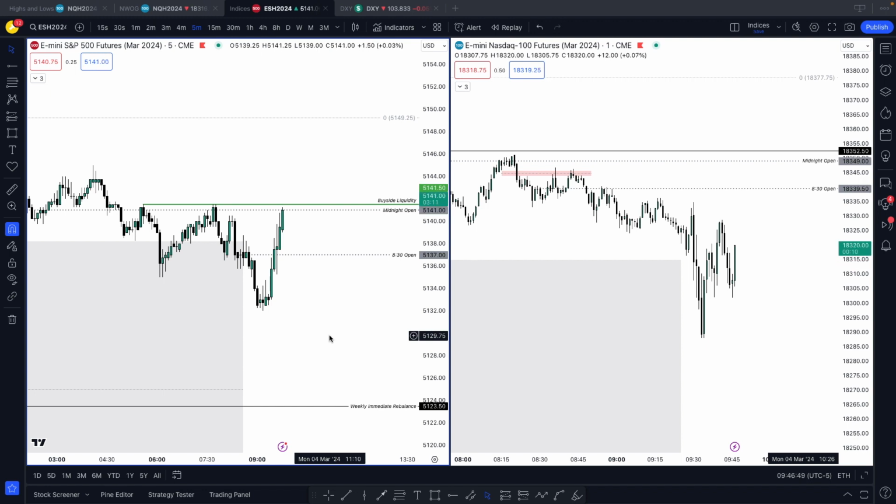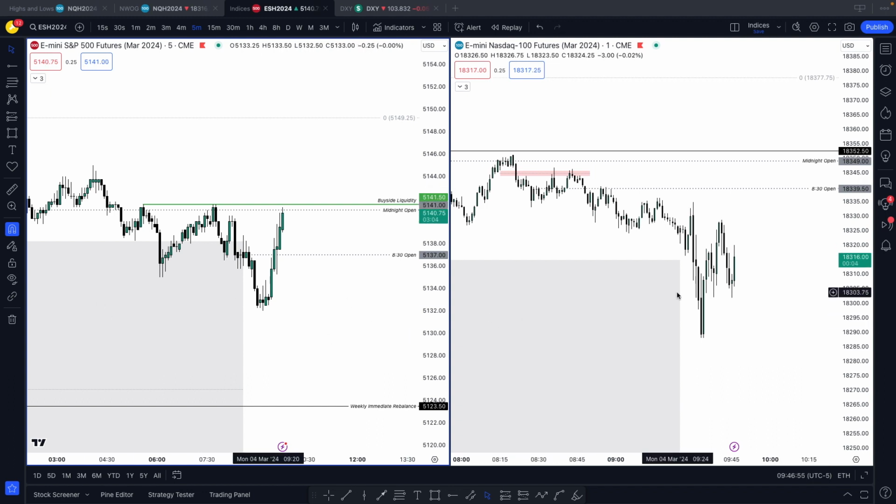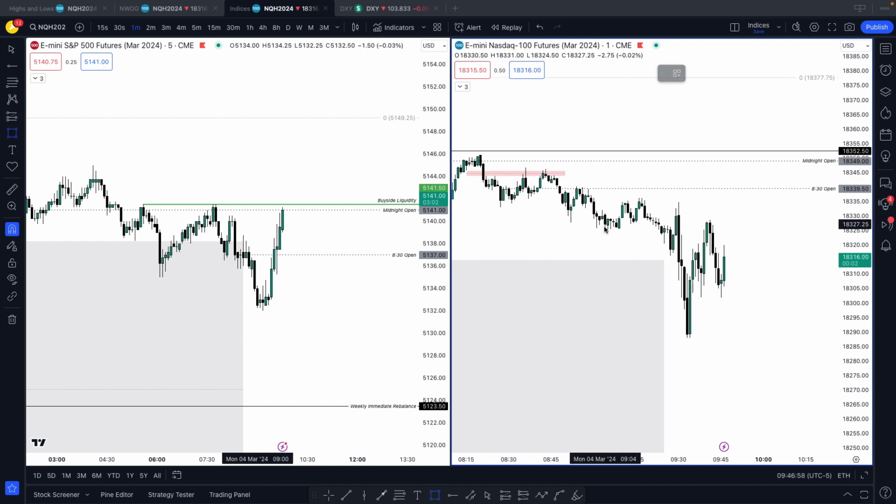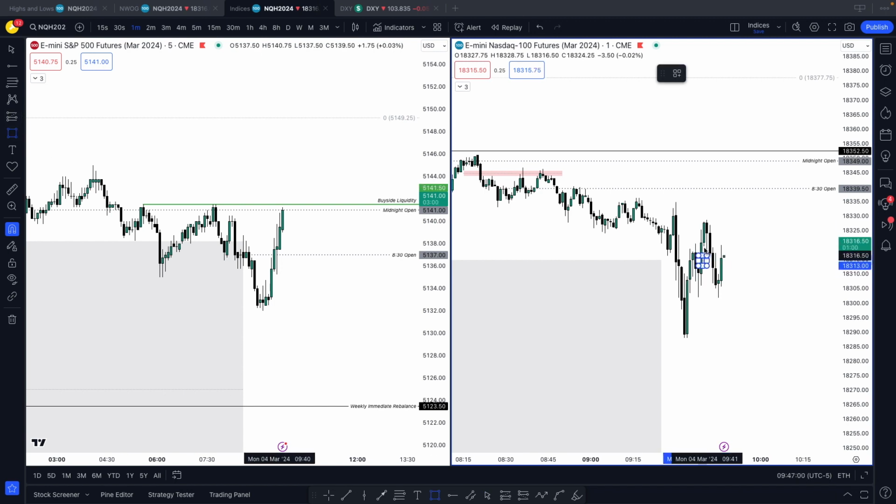Okay, yes, reaching up into that buy side above the midnight open. If NASDAQ is going to go higher, you'll want to see it close back above this inefficiency here.